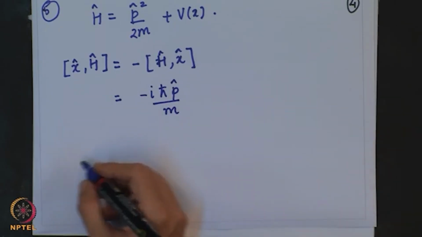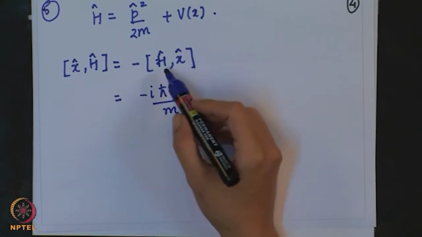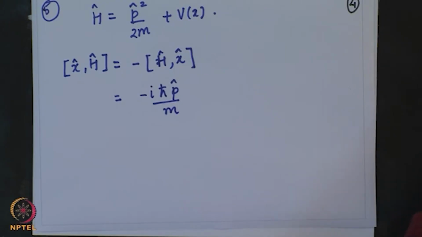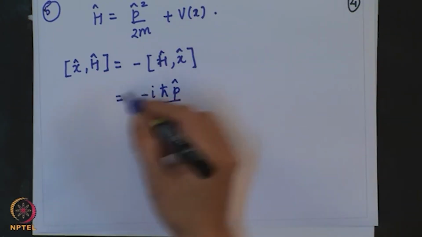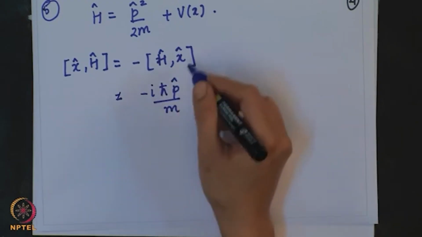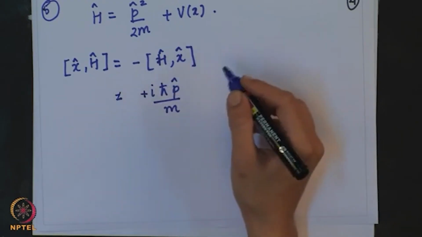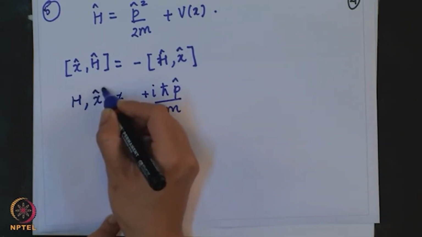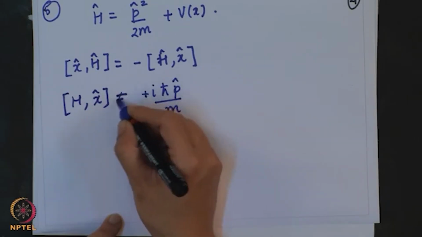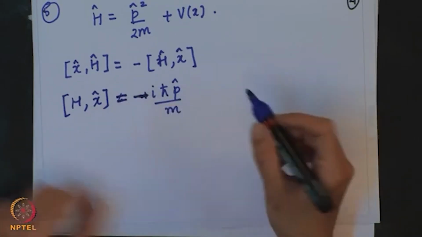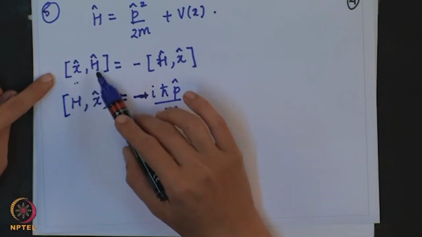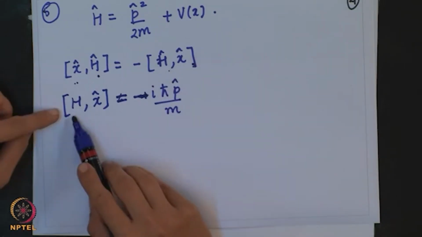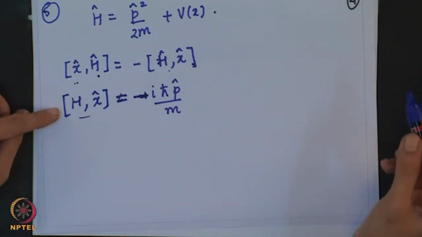So, H comma x would be nothing but minus i h cross p by m; the commutator of x and H is minus the commutator of H and x.